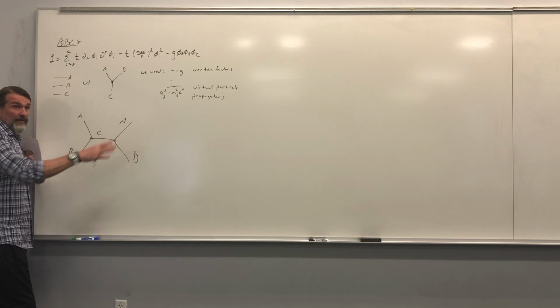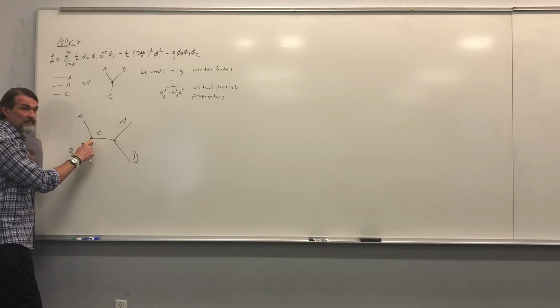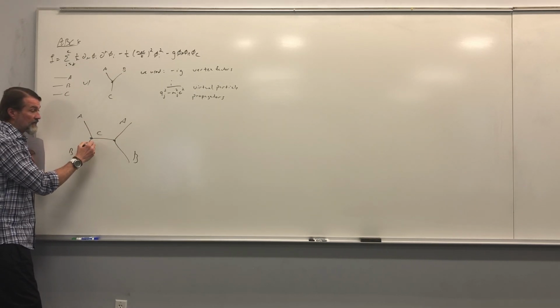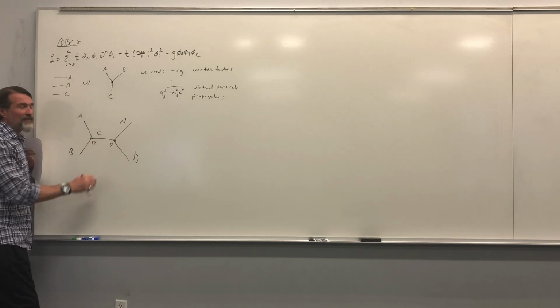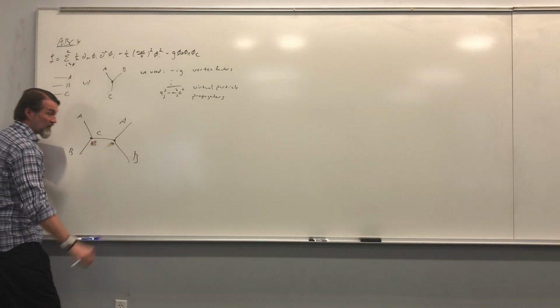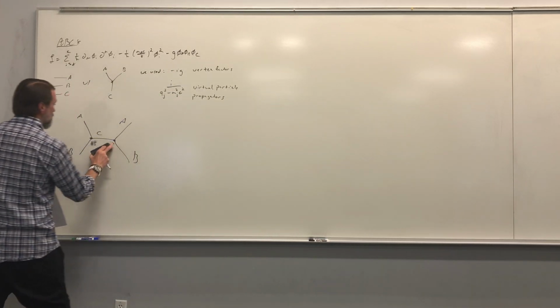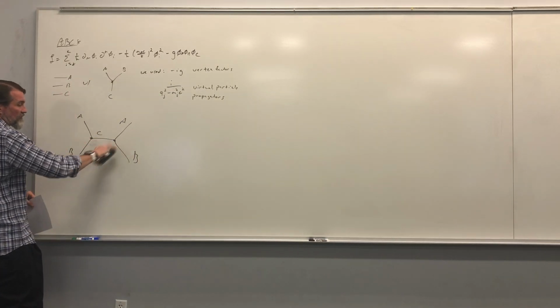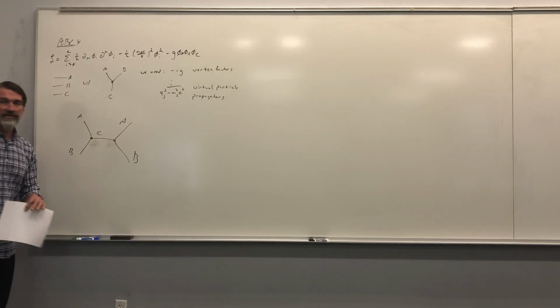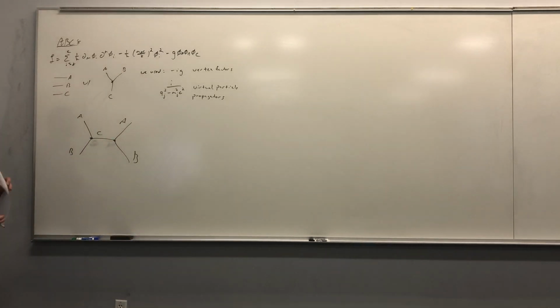These go out to infinity, they live forever. But this guy is born and dies. So he's virtual, so we have to give him a propagator. Of course, all of these external particles have propagators, but those are parts of the Fermi golden rule, so don't worry about that. Okay?